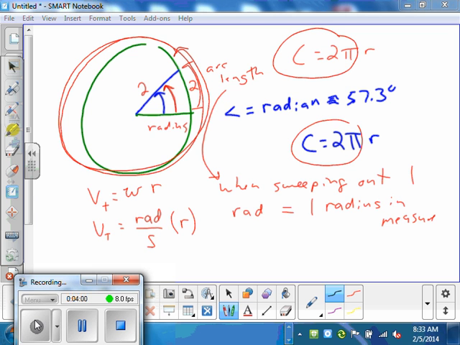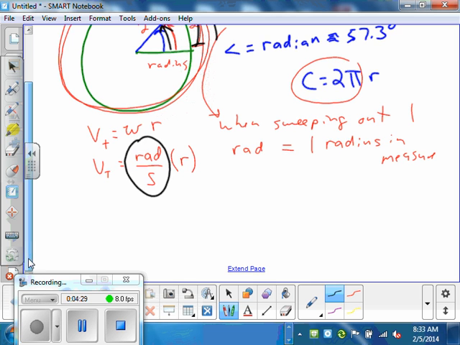So to reiterate, all you have to realize is 1 rad sweeps out 1 radius in distance. So if I have 1 rad per second, and the radius is 1, that means the arc length I sweep, or the distance I travel in 1 second, is 1.